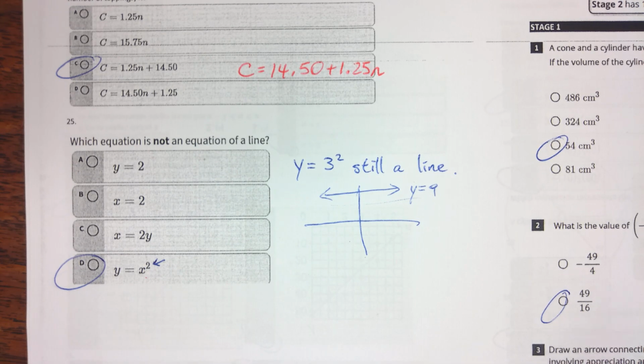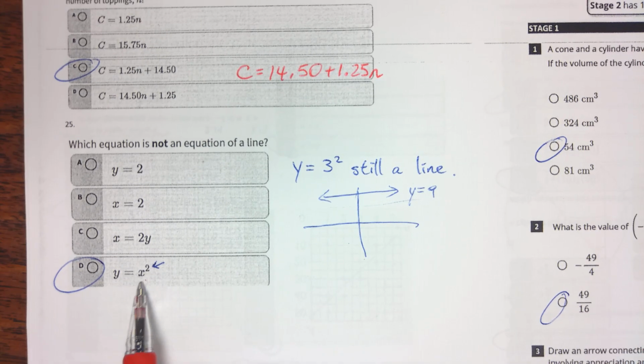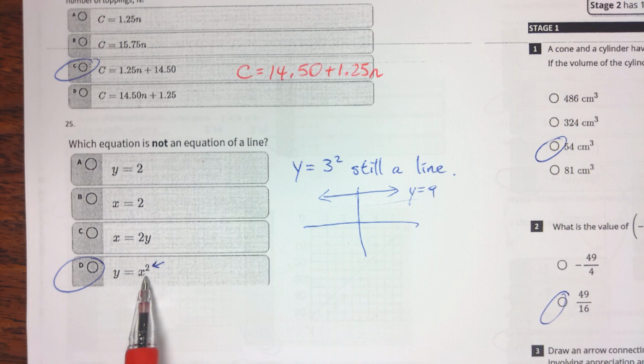In grade 10, this is all you do for the whole course. What type of curve are these called? There's a particular name. Ishan, do you know the name of this graph? It starts with a P. Parabola. Right. So in grade 10, all you do is parabolas.